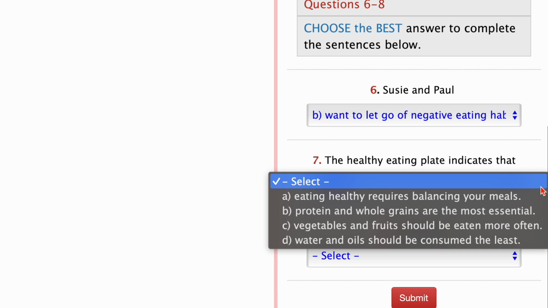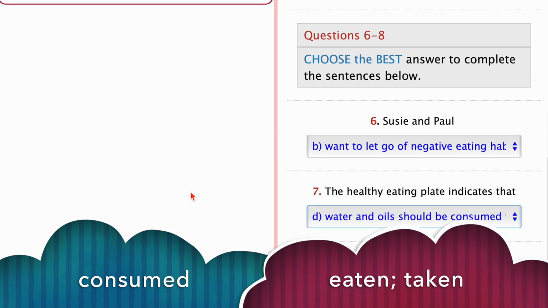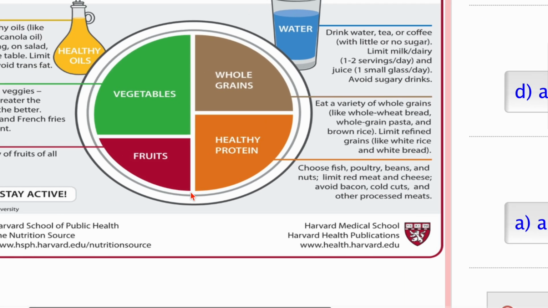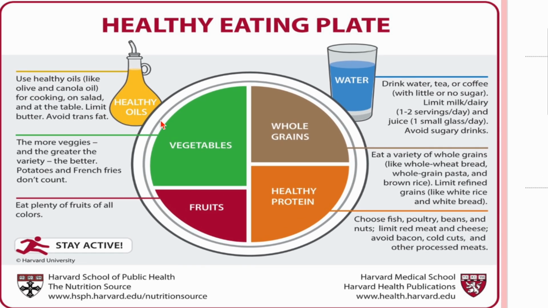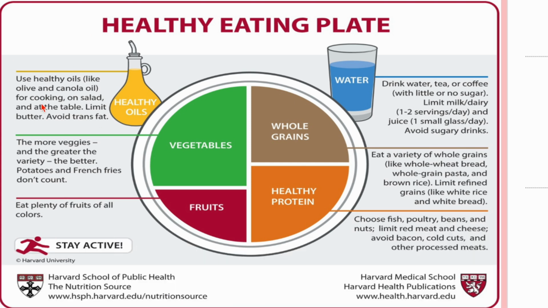Well, it's not D. I don't think it's D. Consumed means taken or drank or eaten. And here it's about drinking. And it's not really telling us that it's the least, really. It's just telling us what to do when you use healthy oils, these types.